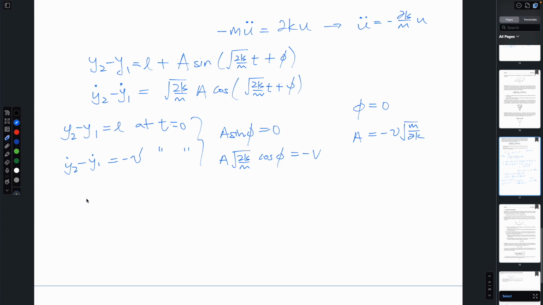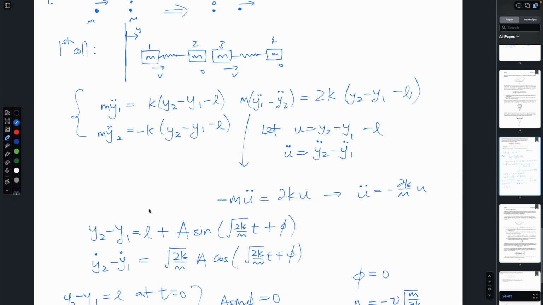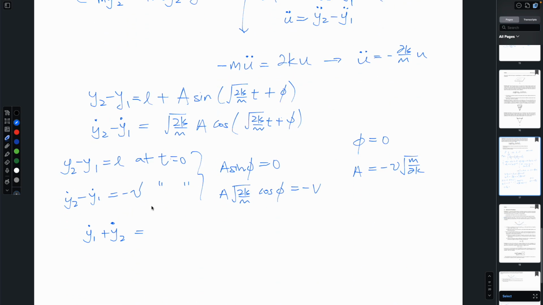Okay, so as I was saying, y1 dot plus y2 dot is equal to v, because at any subsequent point they are coupled by a common spring force.